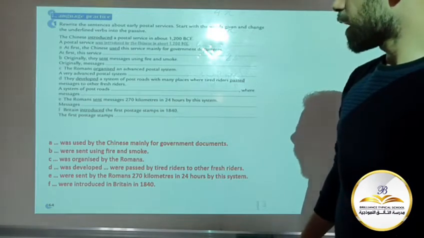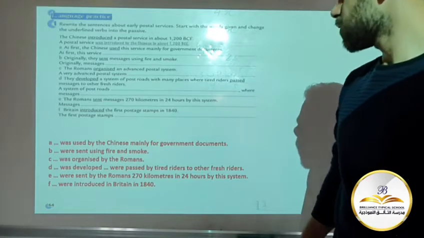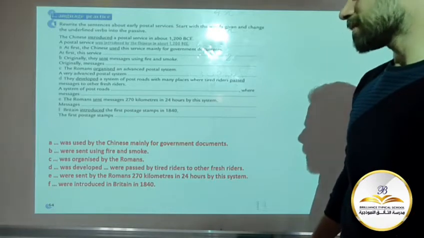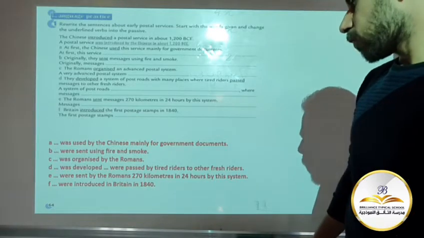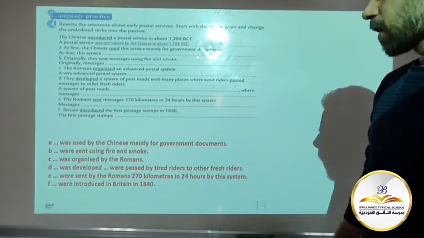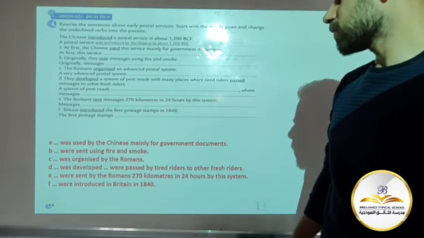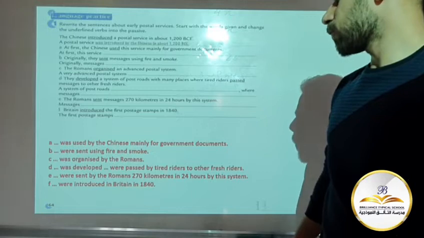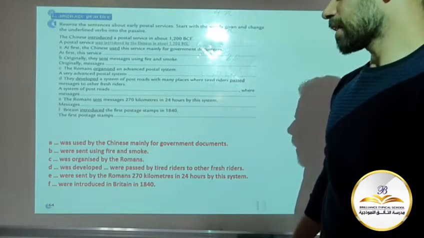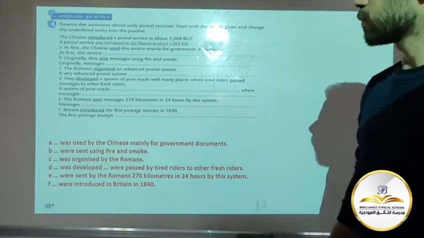The next one: the Romans sent messages 270 kilometers in 24 hours by this system. We are going to say messages were sent by the Romans 270 kilometers in 24 hours by this system. And the last one: Britain introduced the first postage stamps in 1840. The answer is: the first postage stamps were introduced in Britain in 1840.